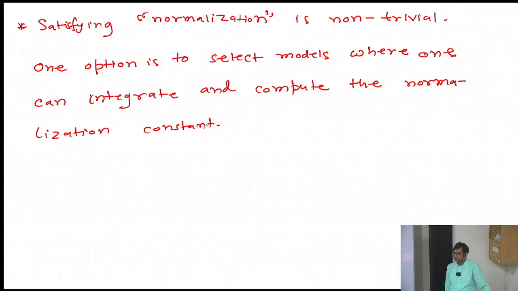We are okay with having an unnormalized thing that will give us our unnormalized distribution. But if we can integrate it, we will divide by that and get a normalized version.